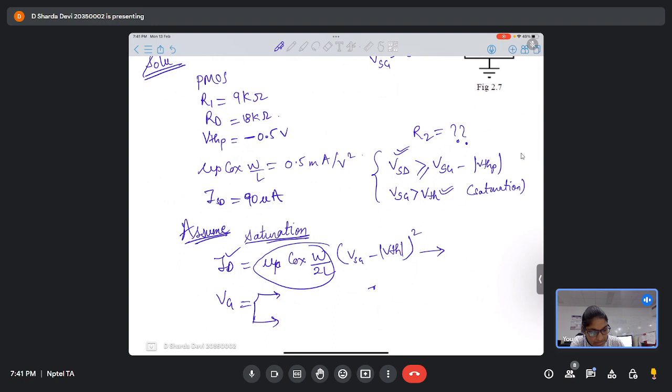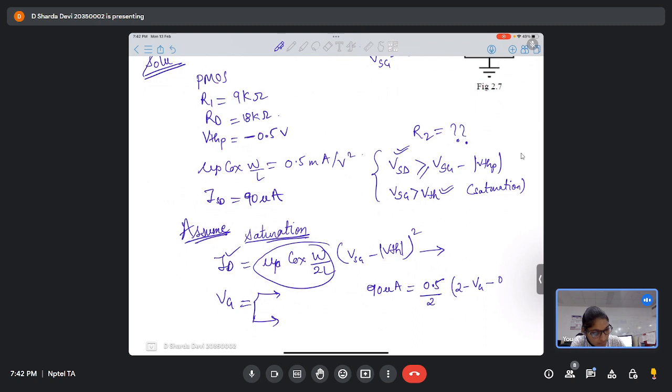So ID is 90 microamps, equal to 0.5 by 2 into (Vs, which is 2, minus Vg, minus 0.5) square. You have to solve this equation and let me know the values of Vg.